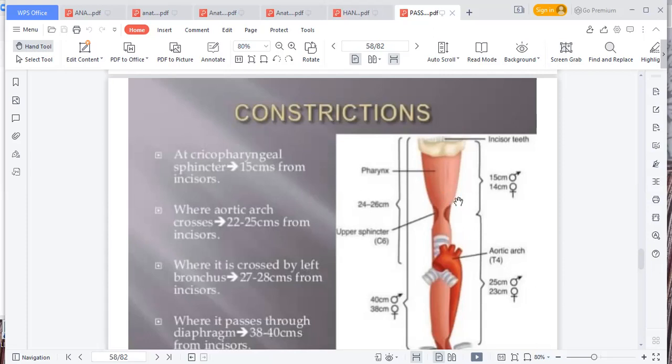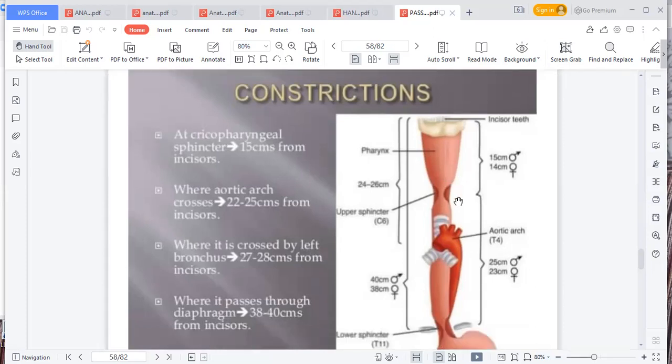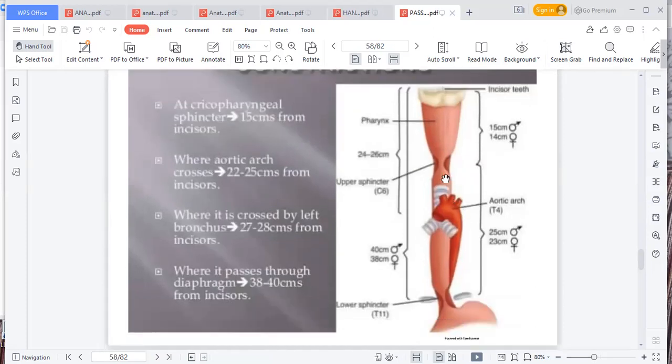It's not abnormal. It's just there naturally on the sphincter. The second one is where the aortic arch crosses. The aortic arch crosses the trachea and also the esophagus, laterally here on the left side. So that is the second constriction.